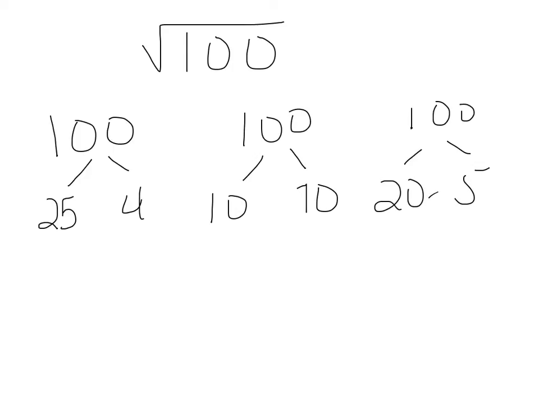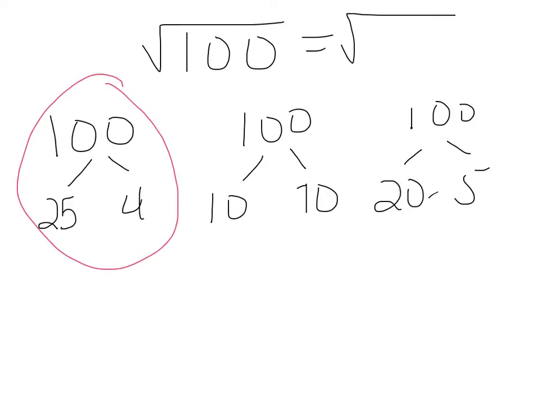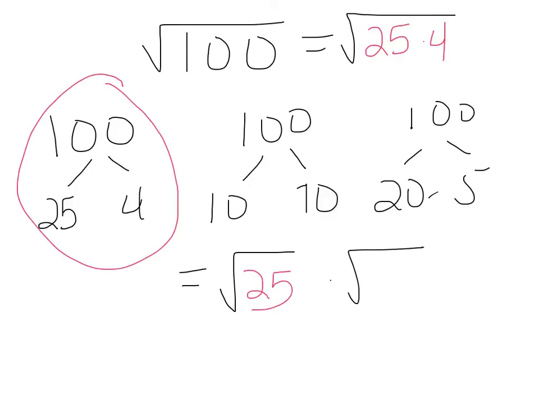But I want to take a look at this one because this one has perfect square factors. So to do that, I could rewrite this as the square root of 25 times 4. But because of the properties of square roots where I can break them up, that becomes the square root of 25 times the square root of 4. Well, some of you may be saying, wow, well, the square root of 25 is 5.